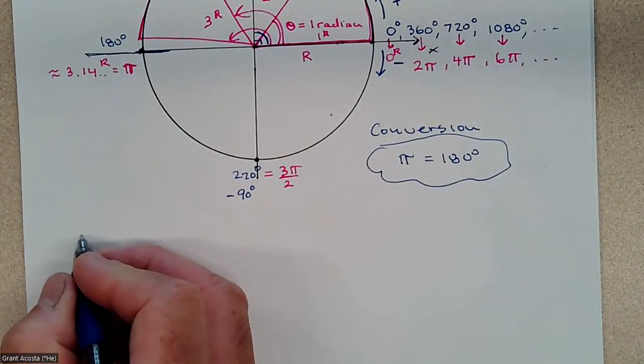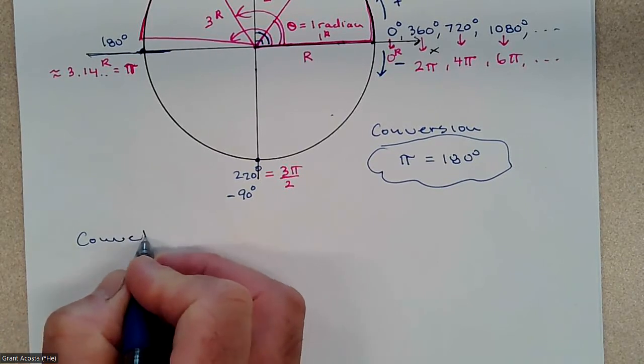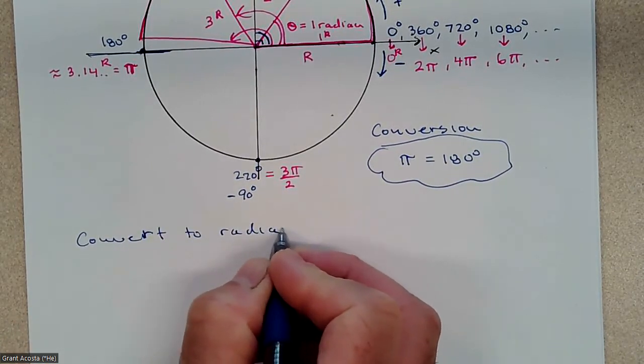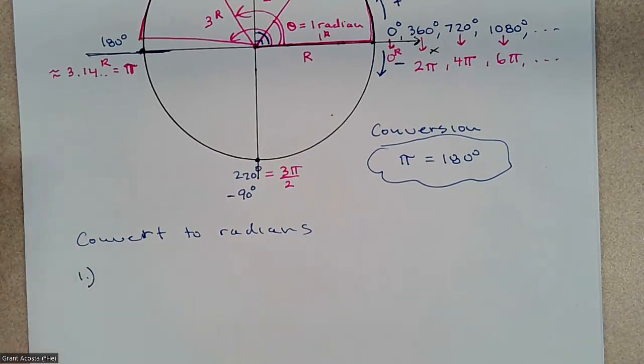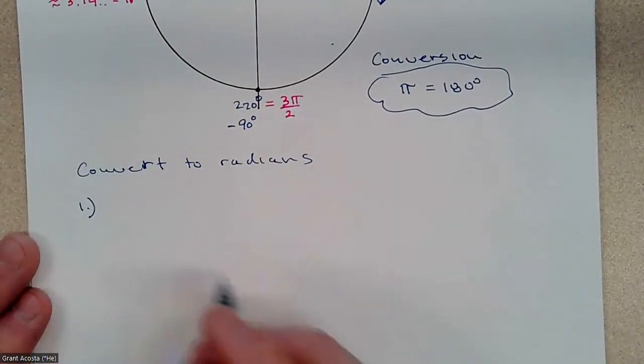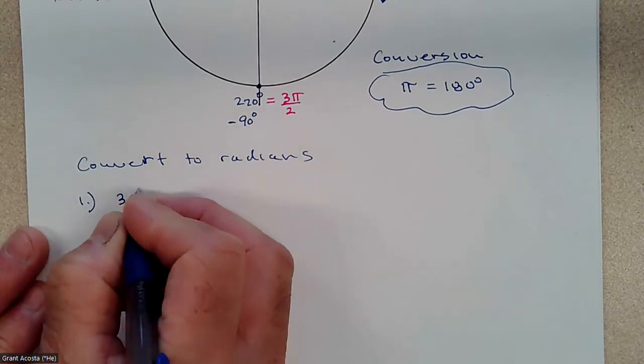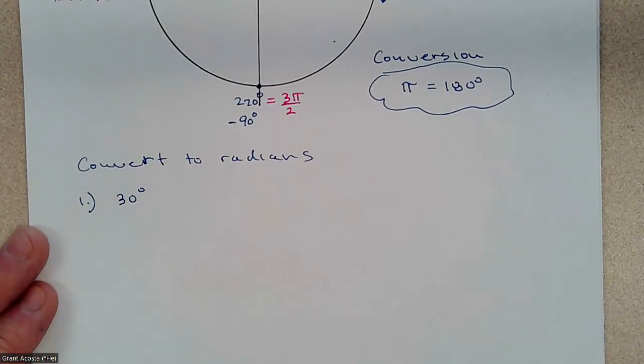So let's say I want to convert to radians. Say I have 30 degrees and I want to convert that to radians.